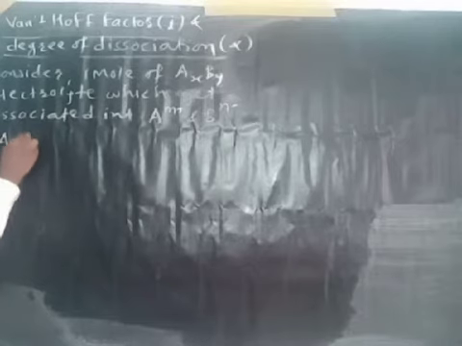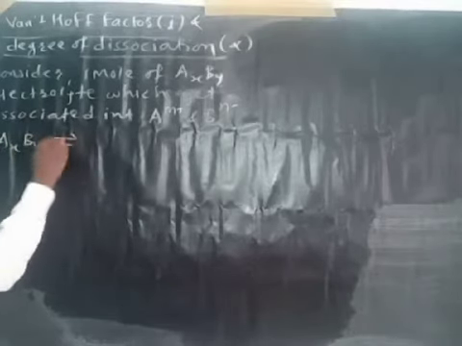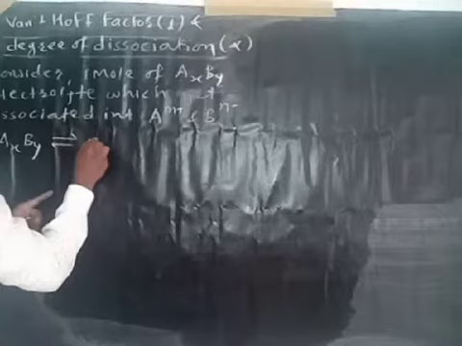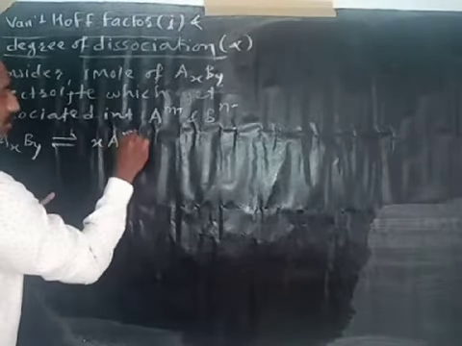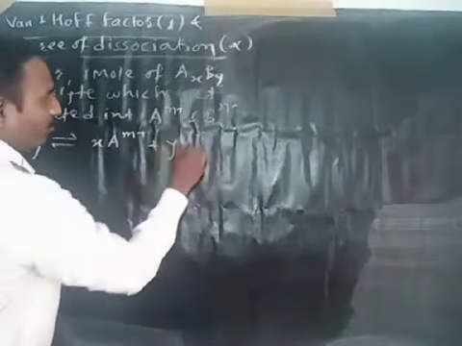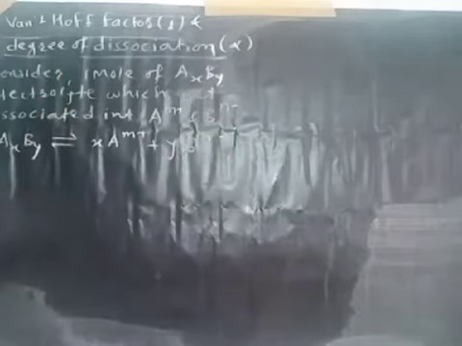That's why we can write it as A x B y gets dissociated into x number of A m+ and y number of B n- ions.